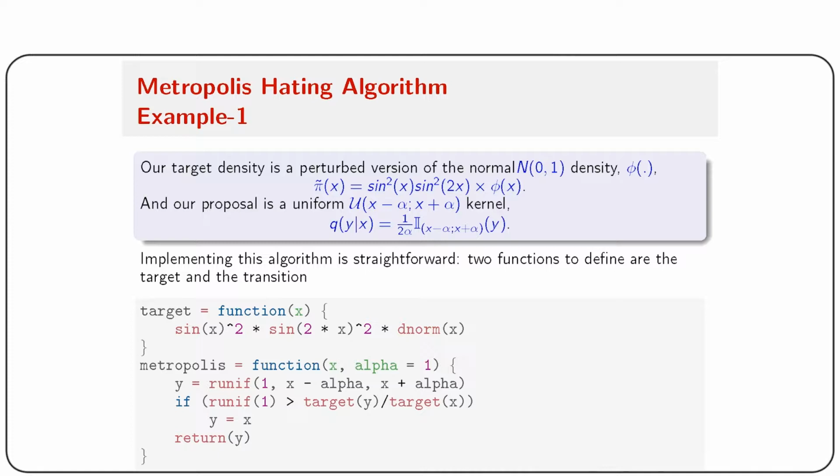Then q(y given x) is 1 over 2 alpha times the indicator of y in x minus alpha to x plus alpha.